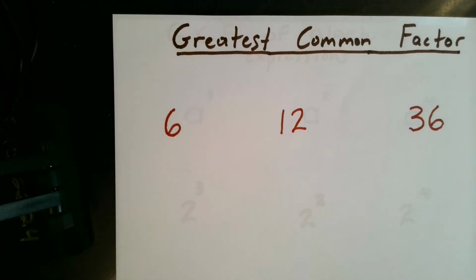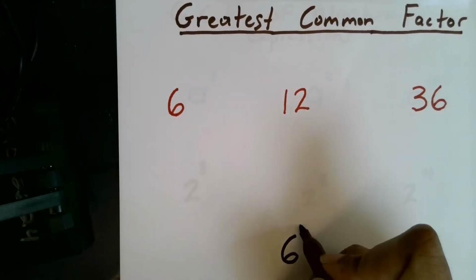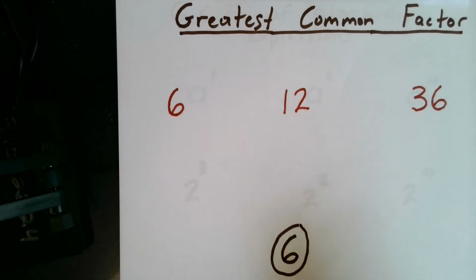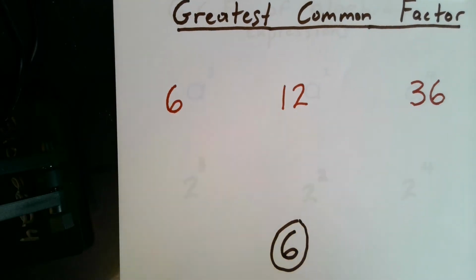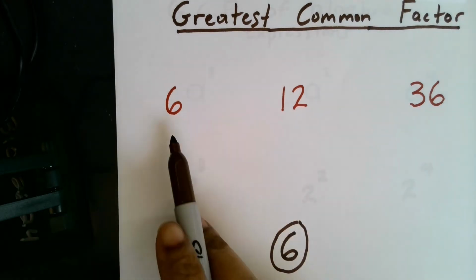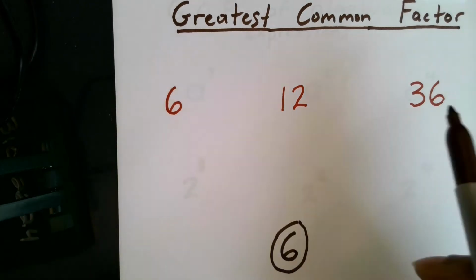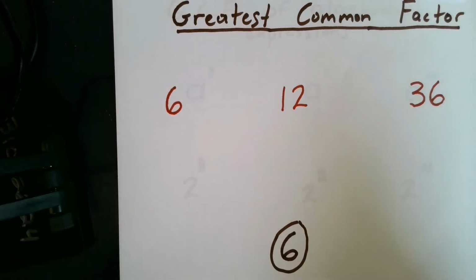Looking at the numbers 6, 12, and 36, the obvious choice is 6. 6 is your greatest common factor because it is the greatest number, the largest number, that divides into each of these numbers without leaving a remainder.